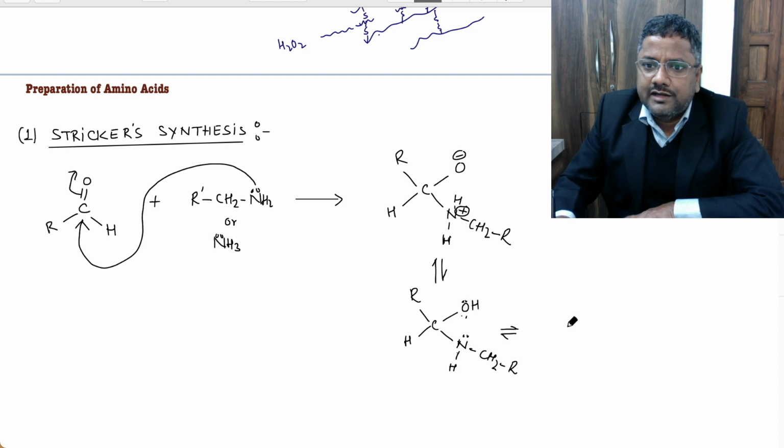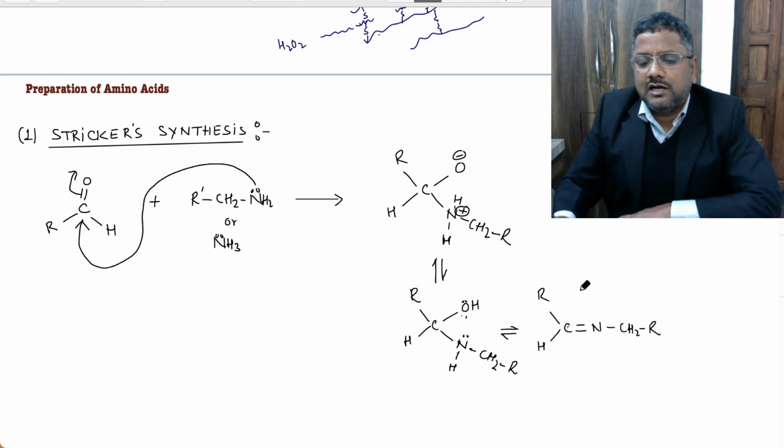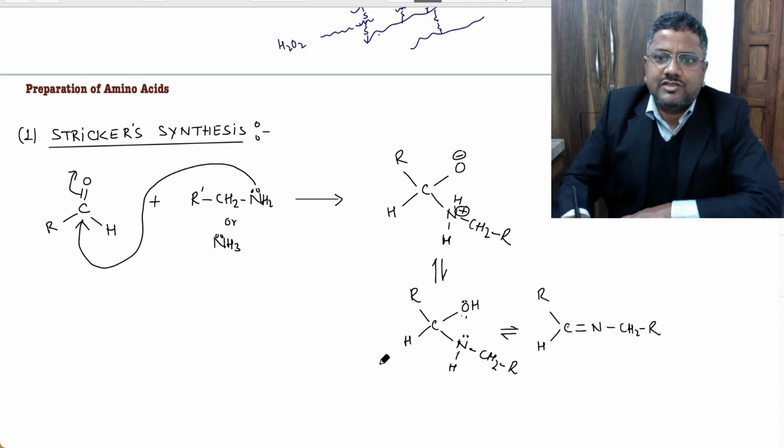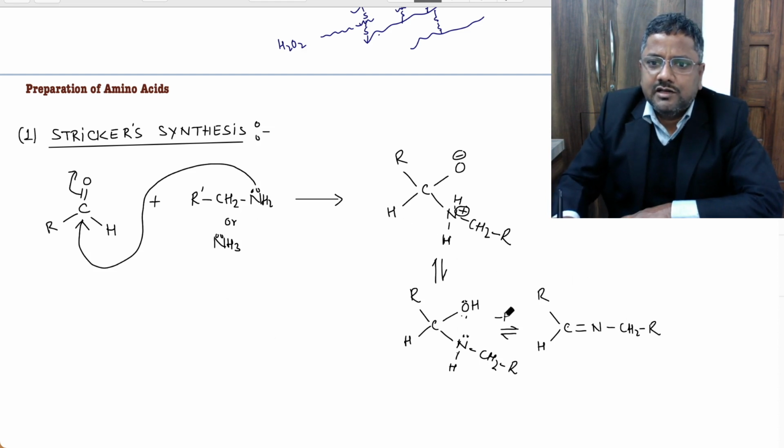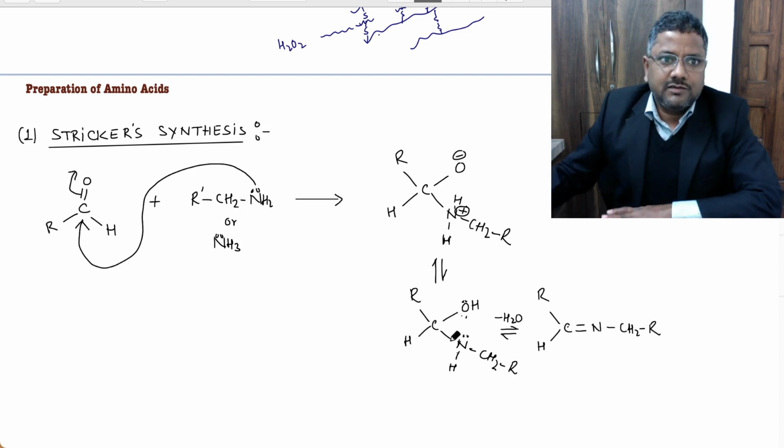So you will get C double bond N, CH2R, and R and H. So all of you are well aware of such type of reactions, already gone through in the reactions of carbonyl compounds, right?